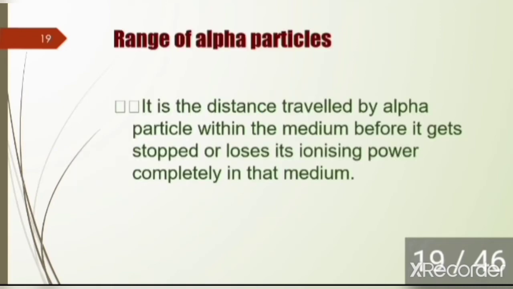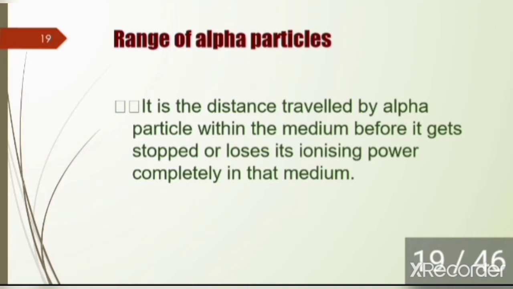Next is the range of alpha particles. So what do you mean by the range of alpha particles? The range of an alpha particle is defined as the distance traveled by the alpha particle in a medium before it gets completely stopped or completely loses its ionization power. As I said earlier, alpha particles have high ionizing power and they move with very high velocity through a medium.